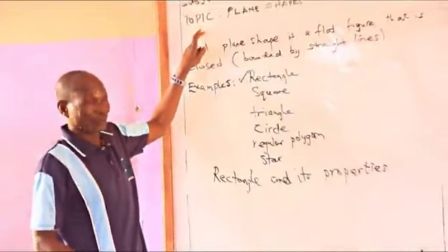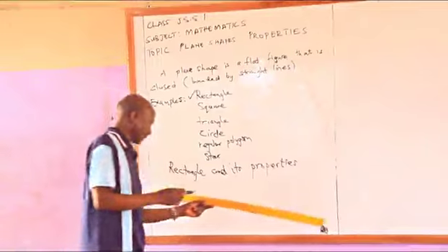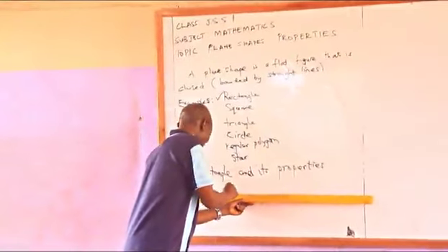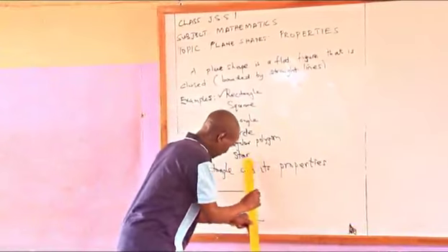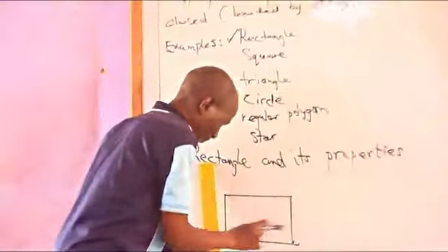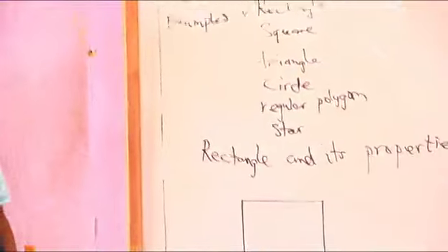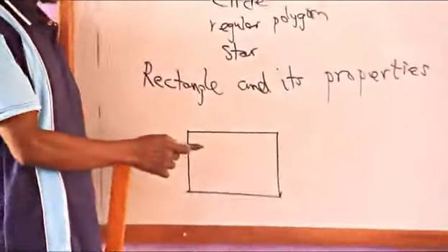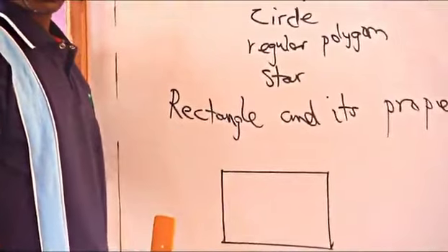I said that it's a flat shape or flat figure that is bounded by straight lines. I have something like this. With what I've drawn on the board, this is a rectangle. It's bounded by 4 straight lines.